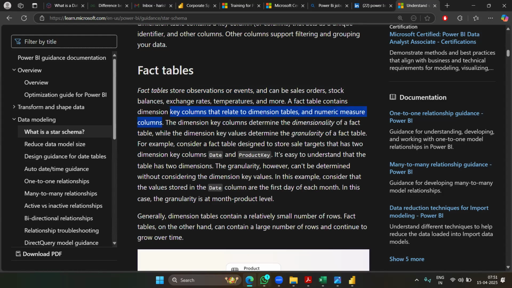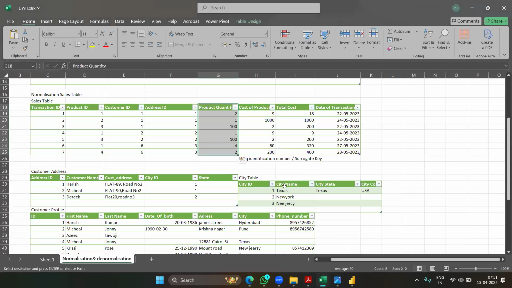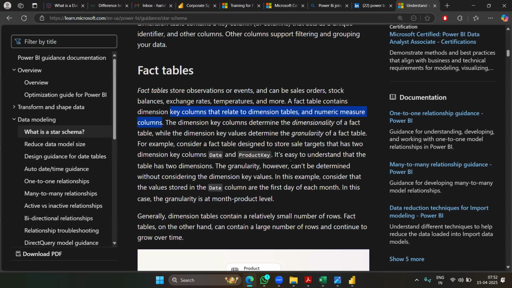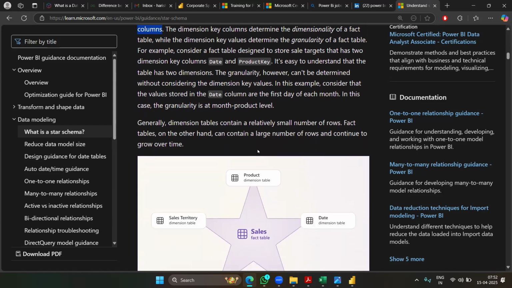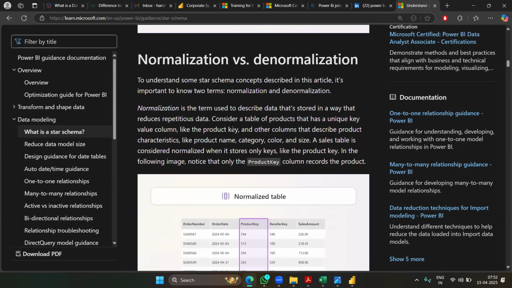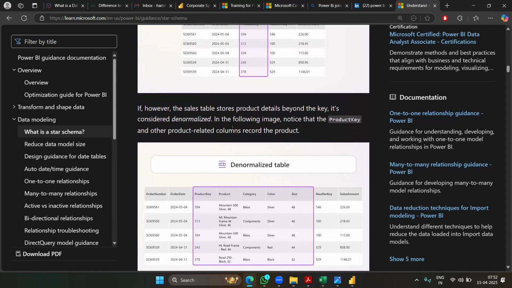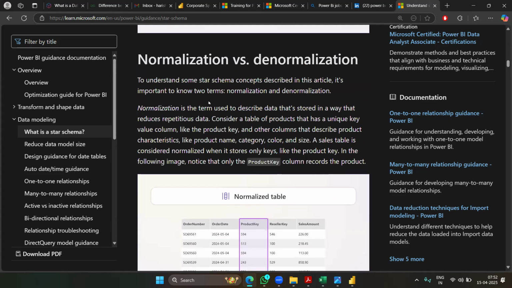If you see this particular example, the fact table has the dimension key columns and the numeric values for the event that has happened. They have given a detailed description.